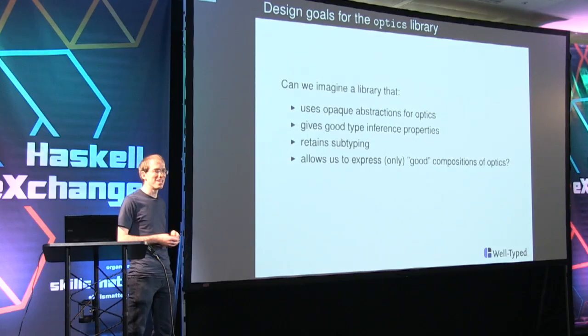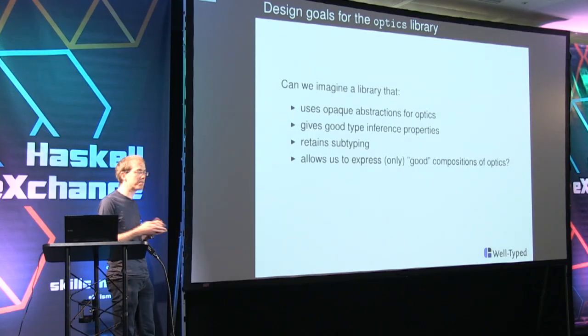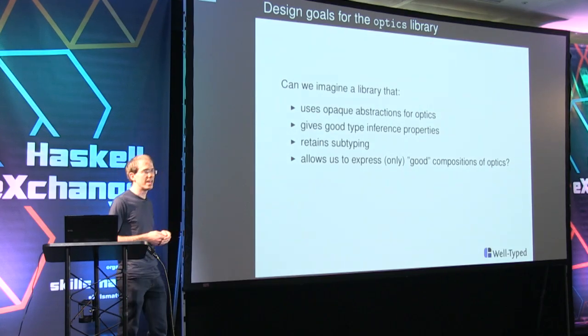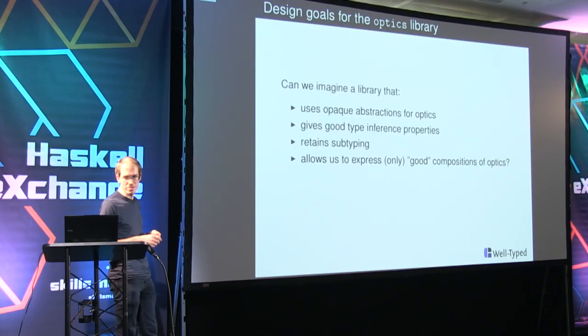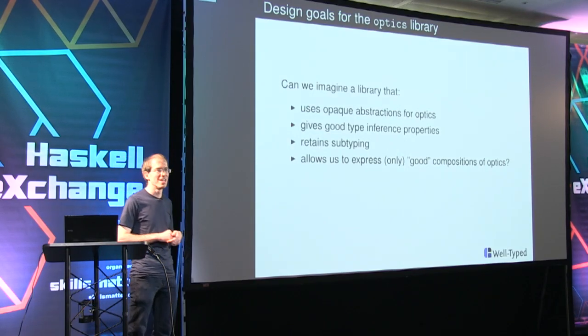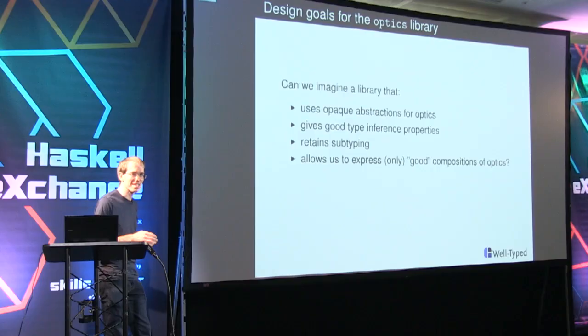And the boilerplate involved in just explicitly casting all the time between different types for different optics just becomes too unmanageable. So that's the problem we want to try and resolve, and that's what I'm going to talk about for the remainder of the time. How might we do that?